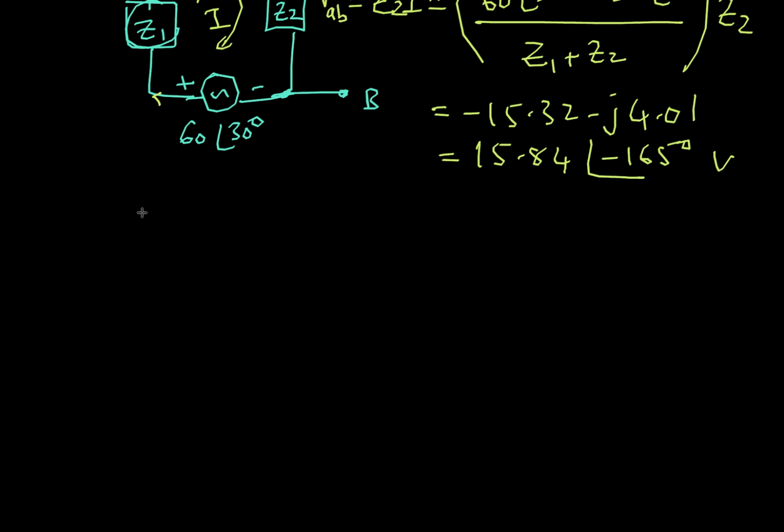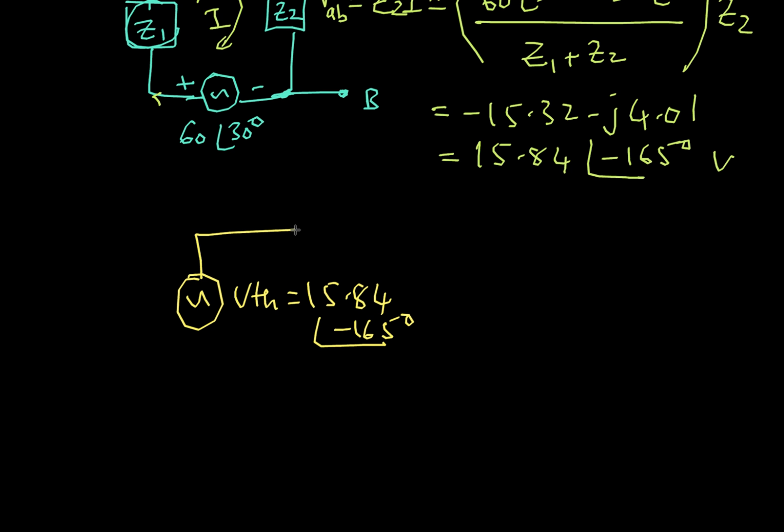So let me create the Thevenin's equivalent network. I have VTH equal to 15.84 angle minus 165 degrees, and then ZTH, which I have the value.